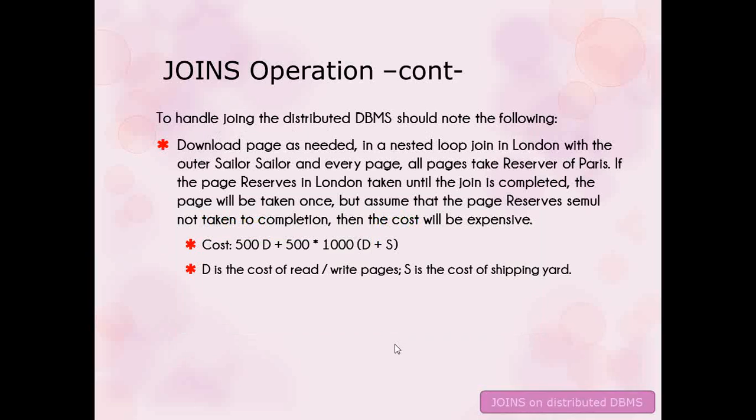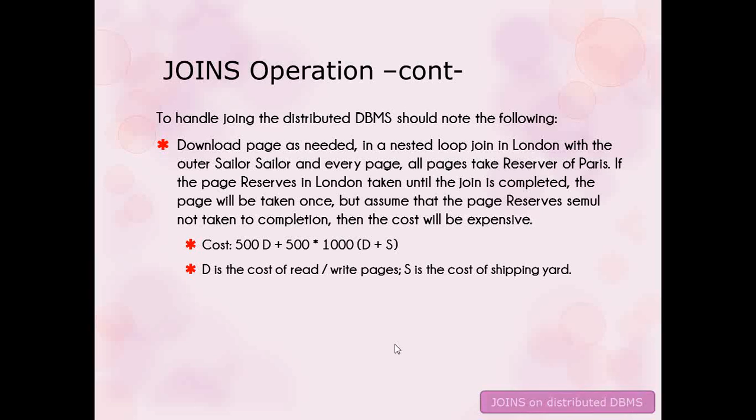Download pages as needed. In a nested loop join in London, with the outer relation sellers, every page of reserves is taken from Paris. If the page of reserves in London is kept until the join is complete, the page will be taken once. But assume that the reserves page is not kept to completion.